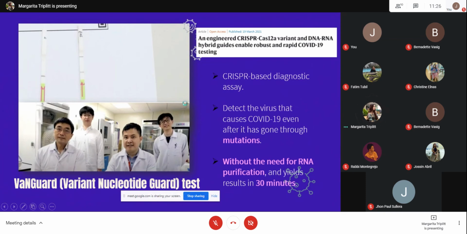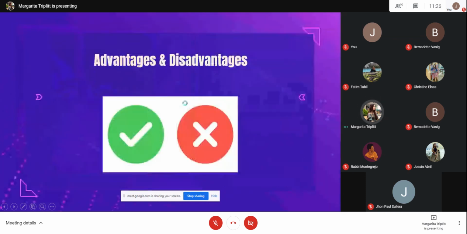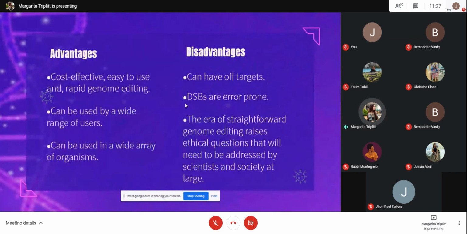Next would be the advantages and disadvantages of CRISPR-Cas9 genome editing. So the advantage of CRISPR-Cas9 is obviously that it is cost-effective, just like the study a while ago where they used CRISPR-Cas to be a diagnostic tool for the emerging disease COVID-19.